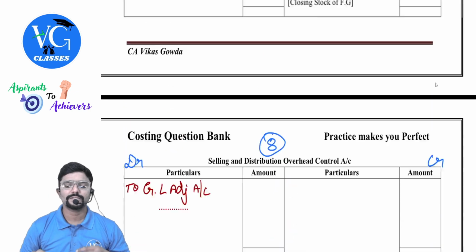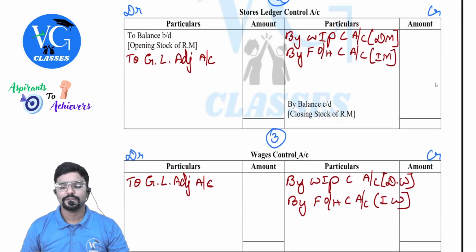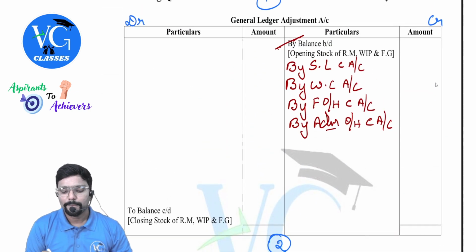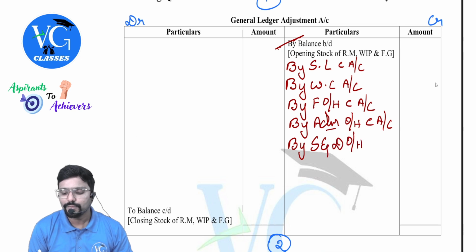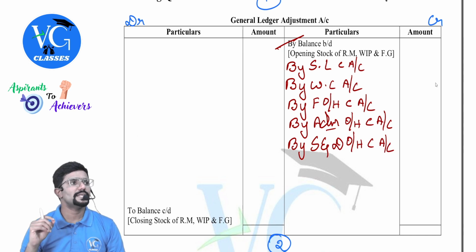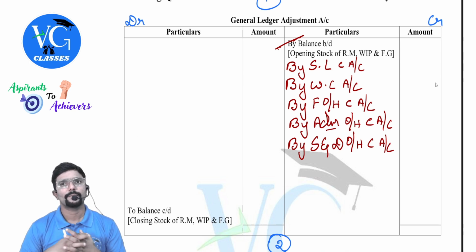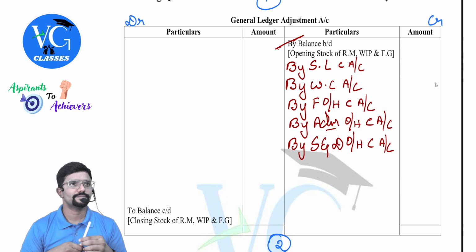Okay, so now let us go and post it to general ledger. By selling and distribution overhead control account.